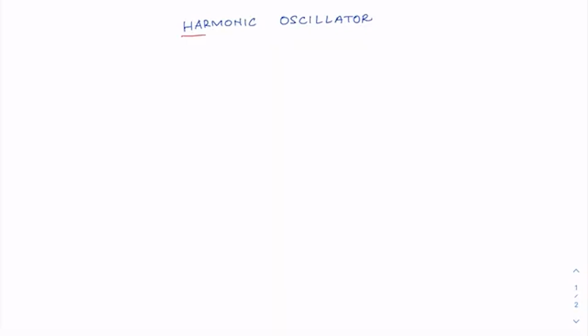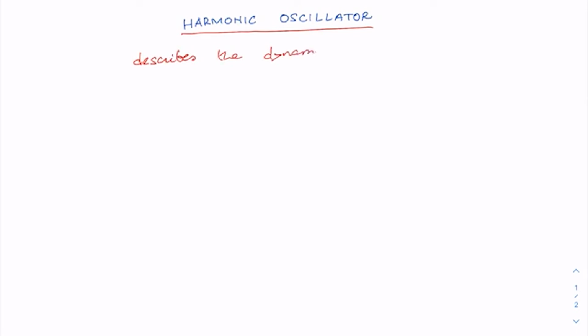The harmonic oscillator is one of the most basic models in physics. It describes the dynamics of systems close to their equilibrium state.